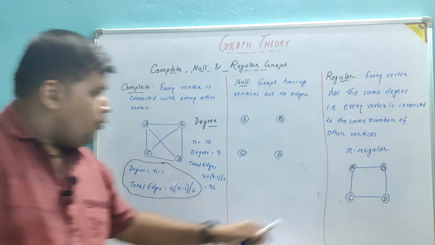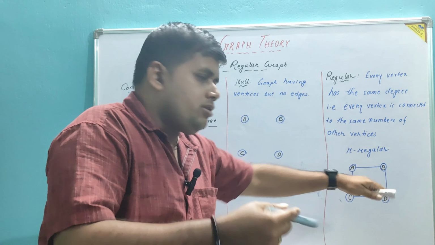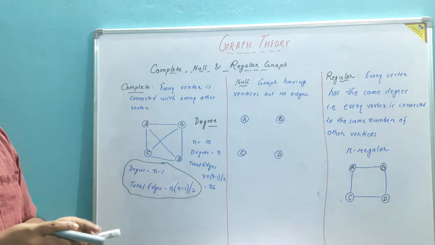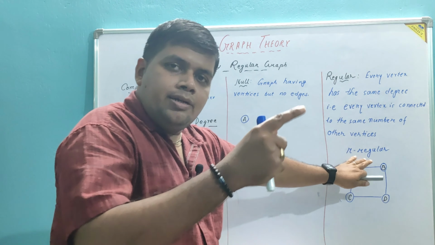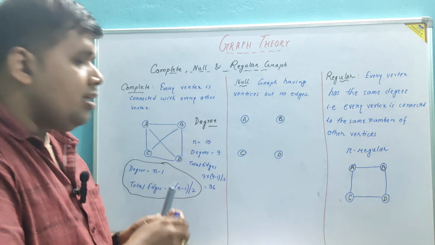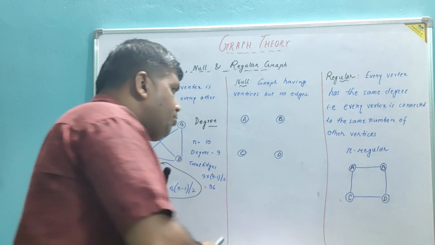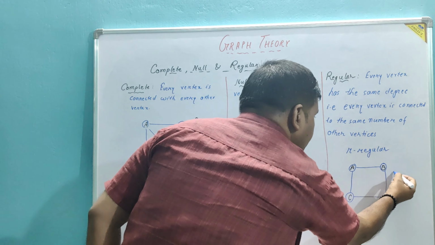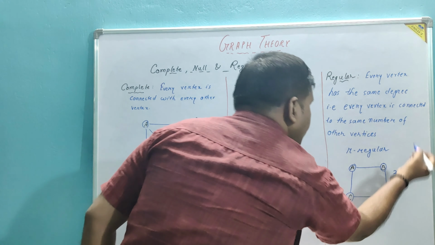All the vertices have the same degree, therefore it is called r-regular. Here, r represents the degree of the vertex. So for example, in this case we can call it 2-regular. Why is it called 2-regular?